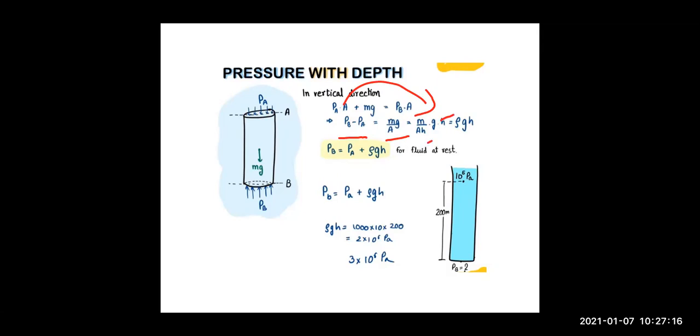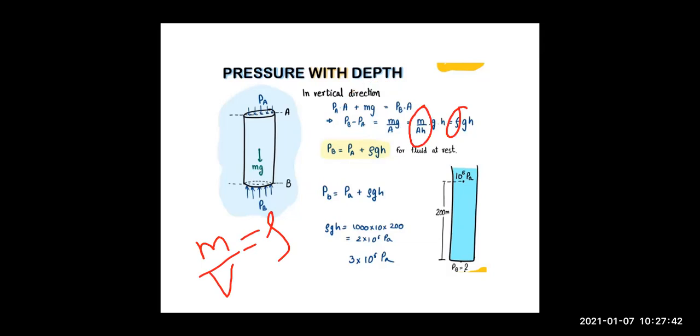Now, this is mass upon area into height. Now we know area into height is volume. So mass upon volume, we know it is density. And as the density of the liquid is rho, instead of m upon Ah, we can write the density rho. So it is rho gh, right?